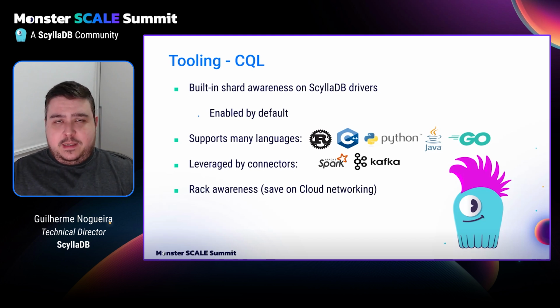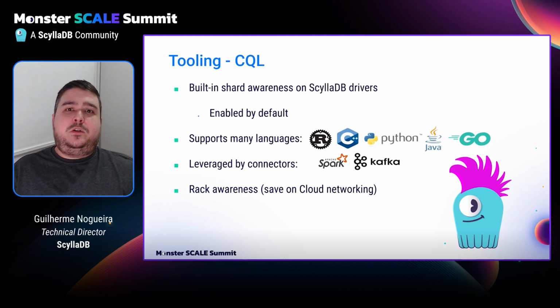It is supported by many languages, including Rust, C, C++, Python, Go, Java, and some others as well. It is leveraged by connectors, so those connectors that are provided by Scylla for Spark and Kafka do offer shard awareness built in, so you can just use them to efficiently communicate with a ScyllaDB cluster.